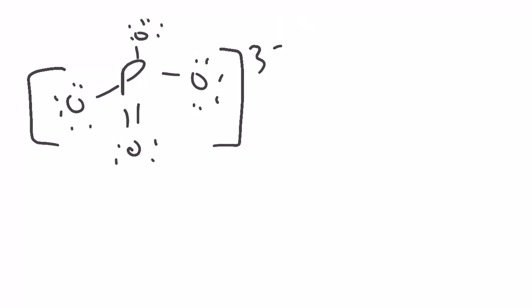And finally, the last resonance structure will be if these electrons push in to form a double bond with phosphorus, and then one of the pairs of electrons from the double bond gets pushed back up to the oxygen.